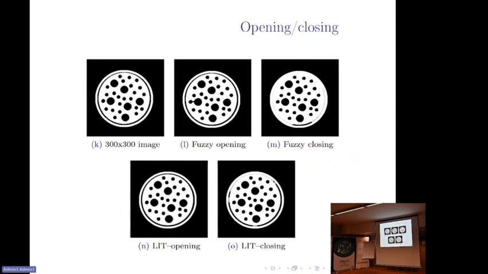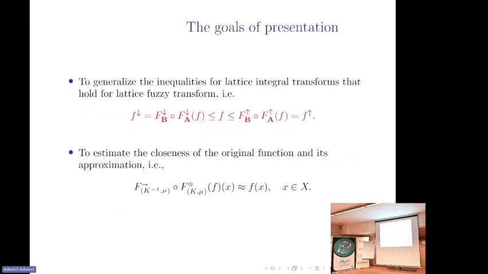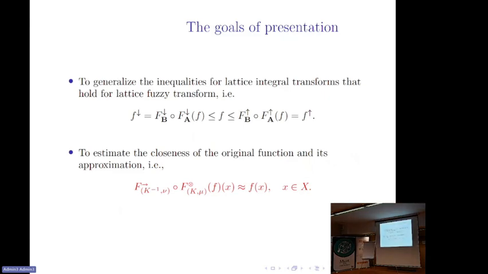Here is something which is defined using lattice integral transforms. So the goal of this presentation is, first, to generalize these inequalities, and second, to find some measure which could estimate the closeness of the original function and its approximation, which is obtained using the composition of two different lattice integral transforms.